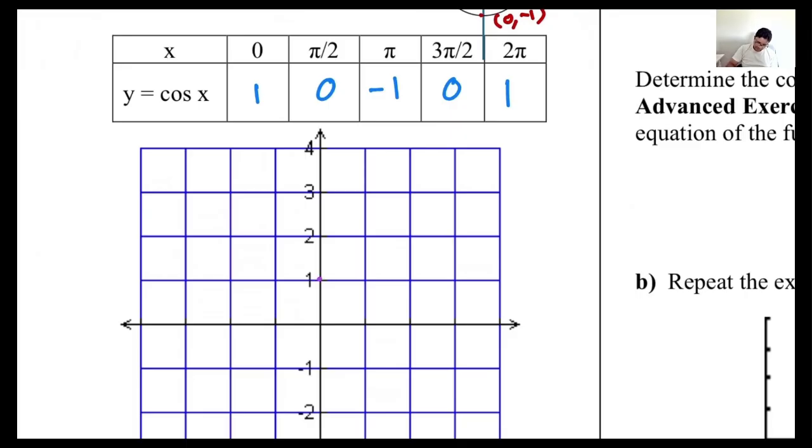At 0 the value is 1, at pi over 2 the value is 0, at pi the value is -1, at 3 pi over 2 the value is 0 again, and at 2 pi the value is 1 again.